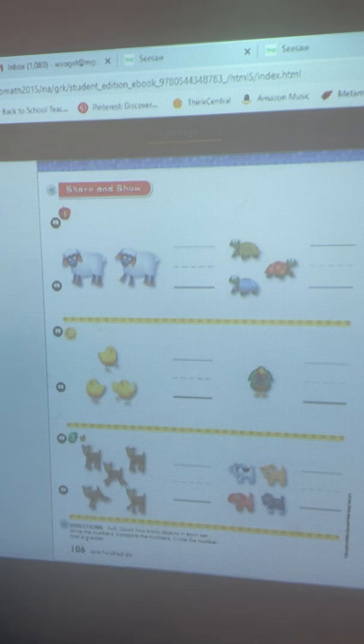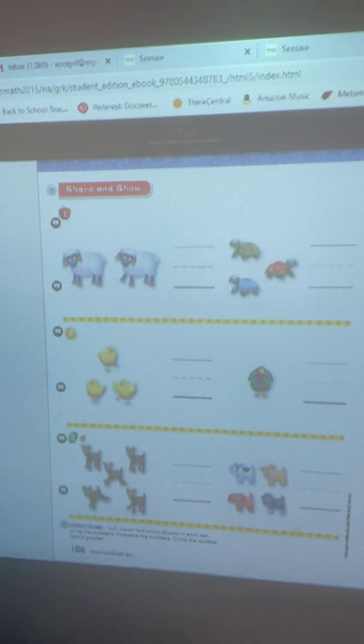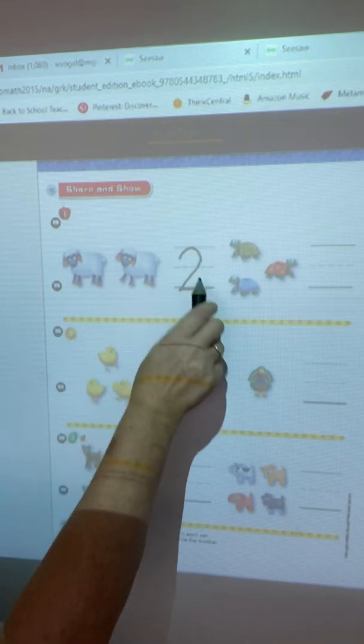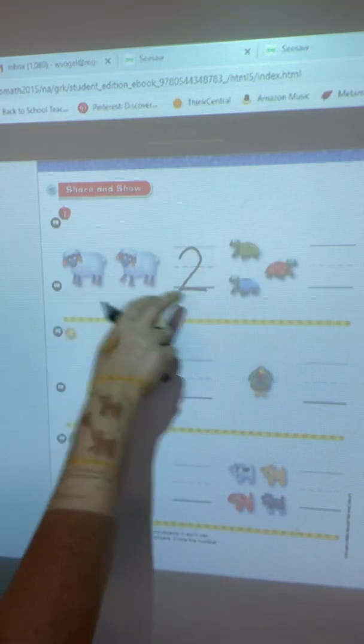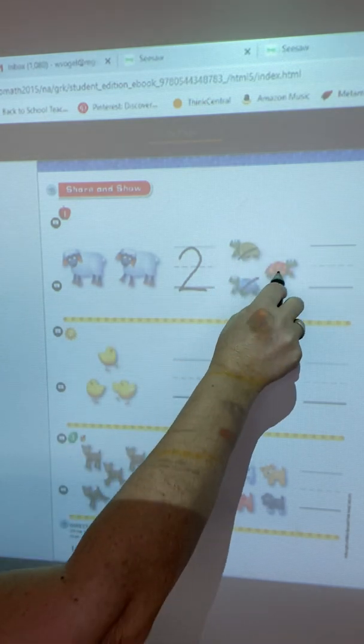Let's look at number 1. There are some sheep and some turtles. Sheep and turtles. How many sheep do you see? 1, 2. Now I see 2 and I see 1 more. 1, 2, 3.